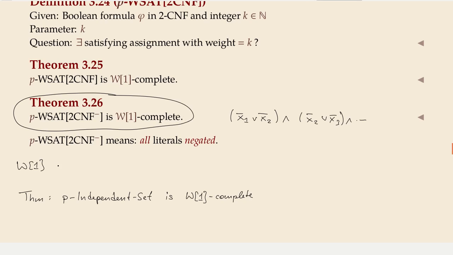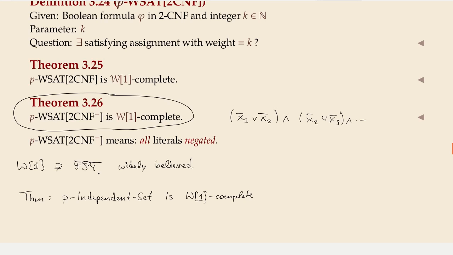We've already said that W1 is a superset of FPT. That's trivial by definition. And it's a strict superset that is widely believed. You can show if P equals NP, then these two are also equal. Unfortunately, if these two are equal, that does not directly imply that P equals NP.